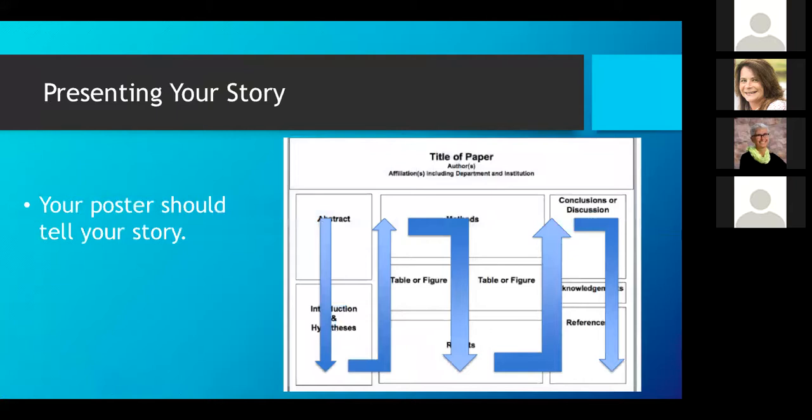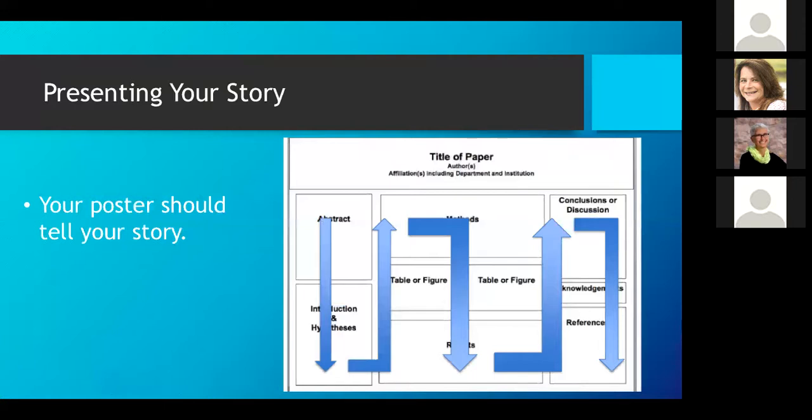So the next thing I want to talk about is presenting the story. Having a poster that conveys a story of the student's work is super important. And I present this slide just to let you know how the story is told in a poster.